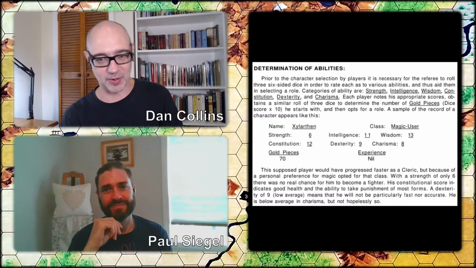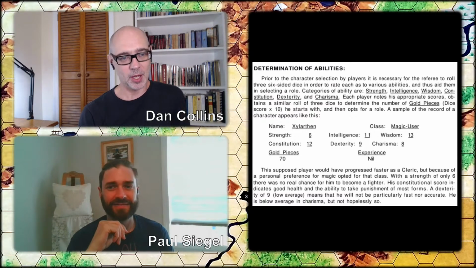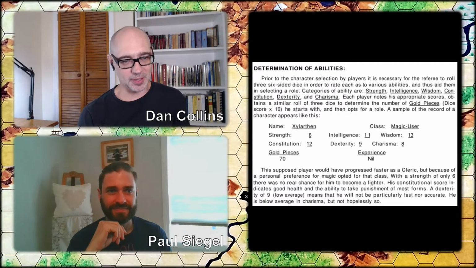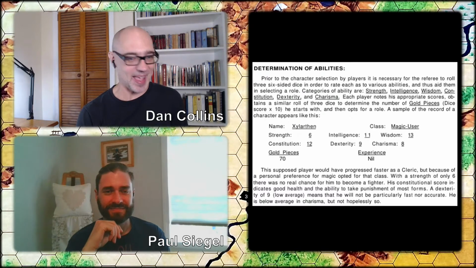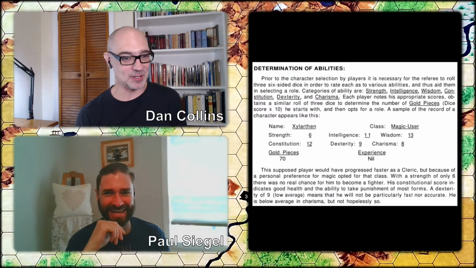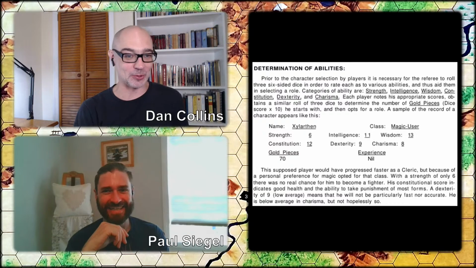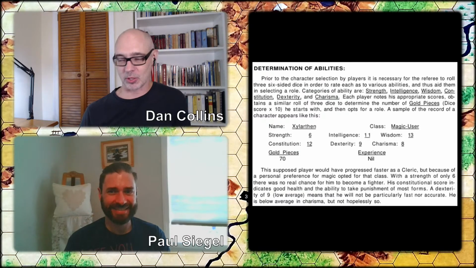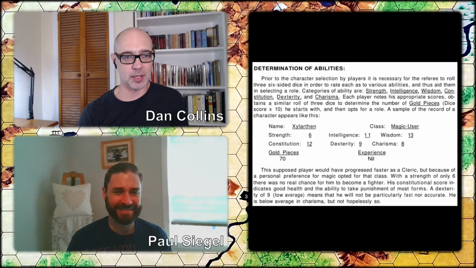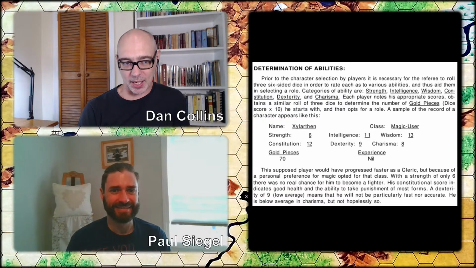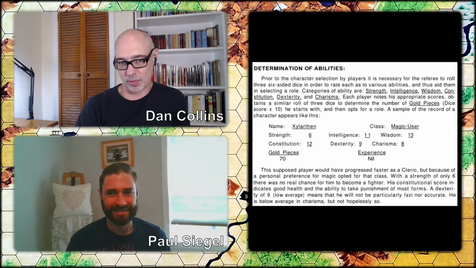And then here come your standard abilities, strength, intelligence, and so forth. So in original D&D, the players don't have any part in determining their abilities whatsoever, including even rolling the dice. The referee rolls 3d6 in order, hands it to the player, and the idea is that by looking at which one is higher, that'll give you a clue about what choice to pick for your race and class that comes next.